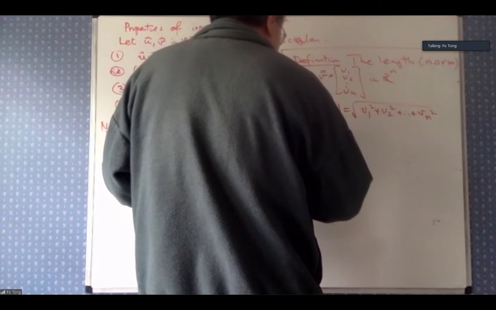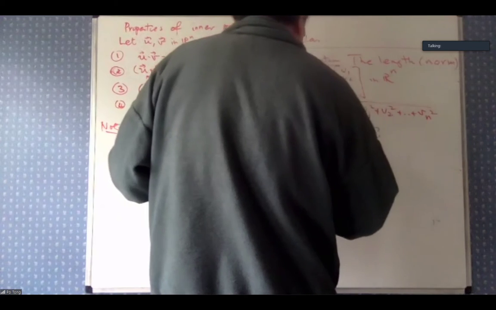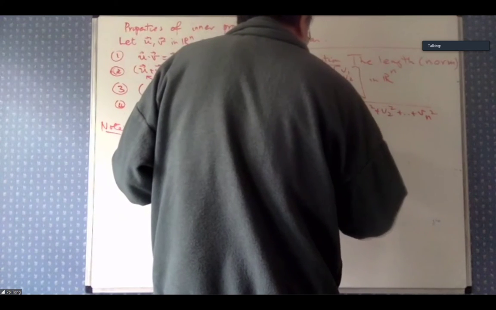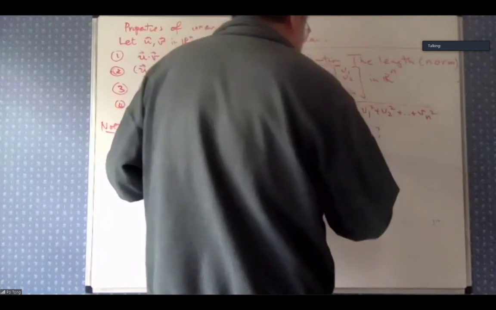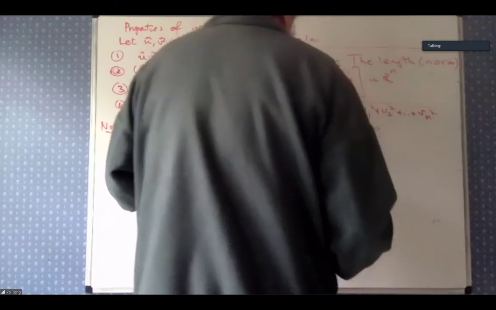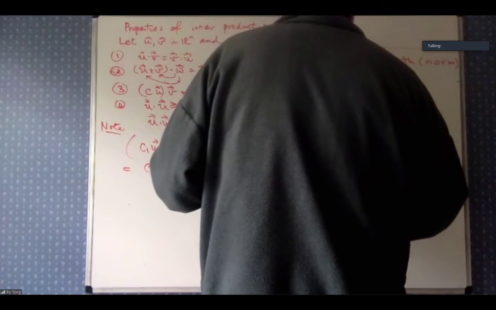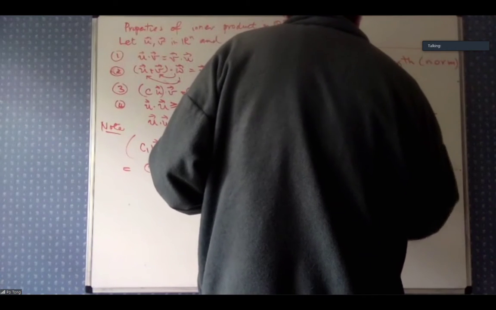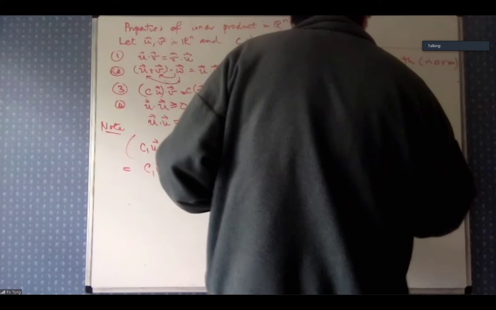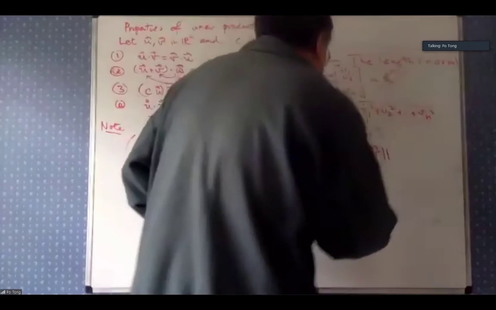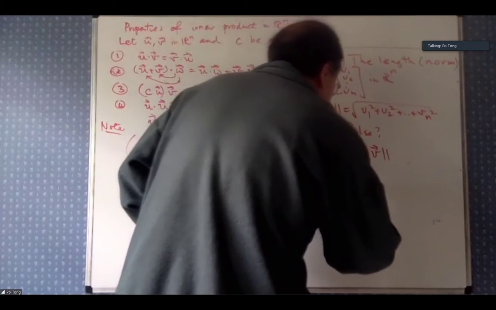True or false? C is a scalar, and v is in Rn.